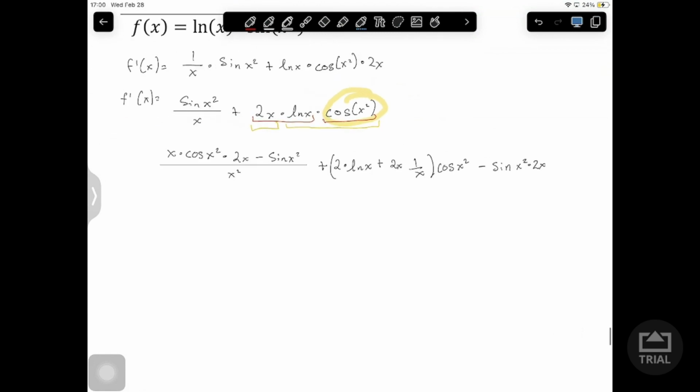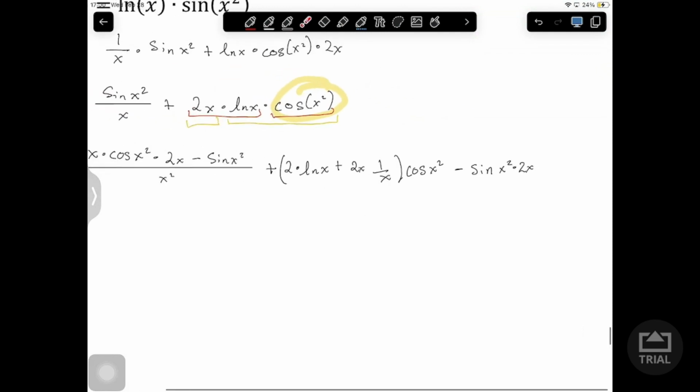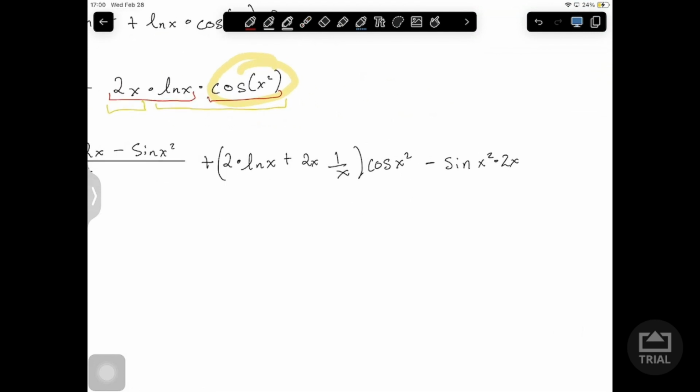So what we're doing is, in the first half, we got the derivative of this, right? And then multiplied by the cosine x squared. Then, we're basically getting the derivative of this, which is negative sine x squared times 2x, and multiplying that by this portion. And in this case, that's basically going to be times 2x times natural log of x.